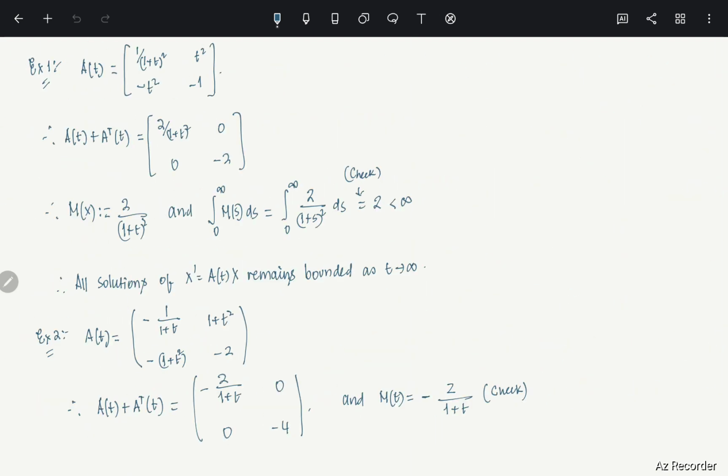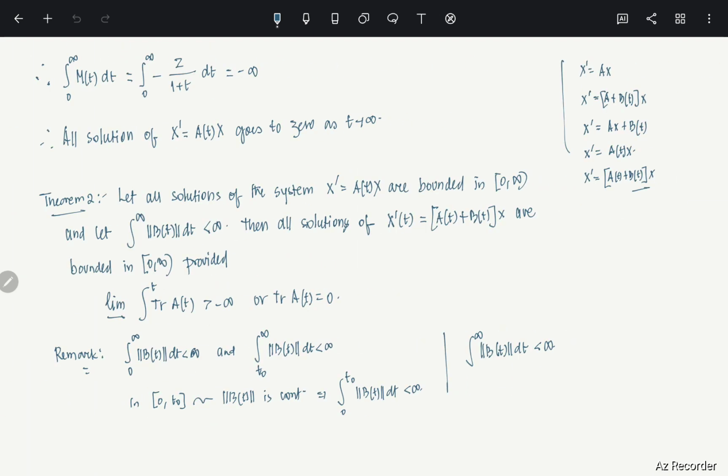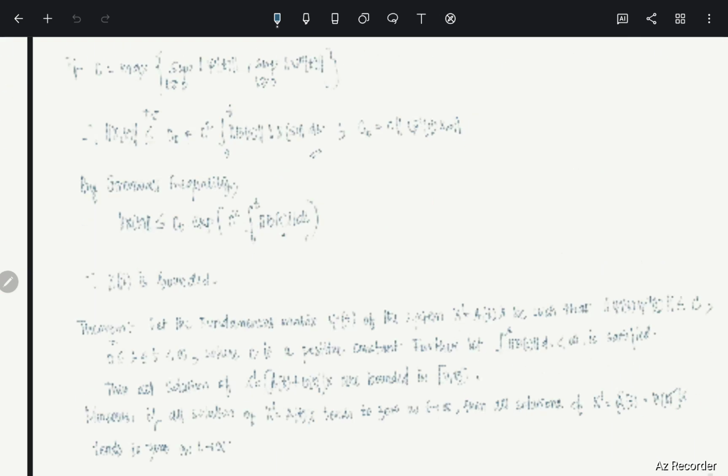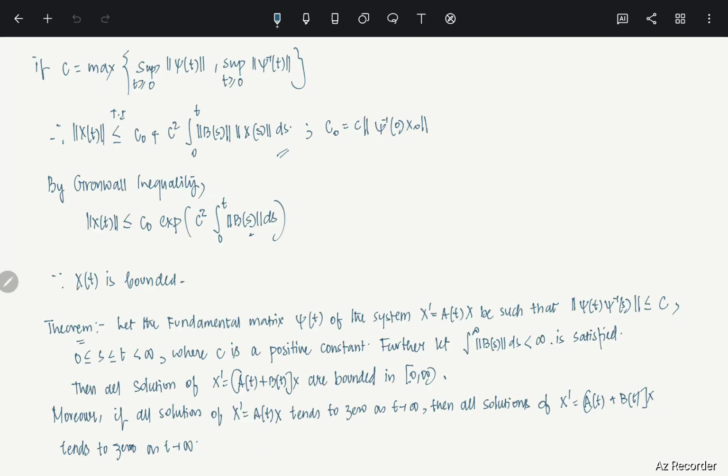Where's the condition? Okay, yeah, here. So since phi t, phi inverse of s is given to be bounded, right? You can use this condition in this part.